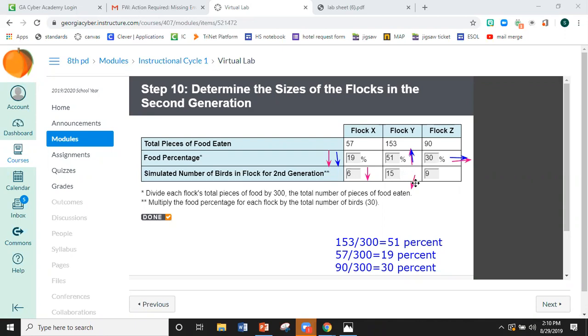But flock Y went way up. They went from 10 to 15. So they increased a whole lot. That's very different than the results when the fruit was still there. When the fruit was still there, X was increasing, Y was the same, and Z was decreasing.